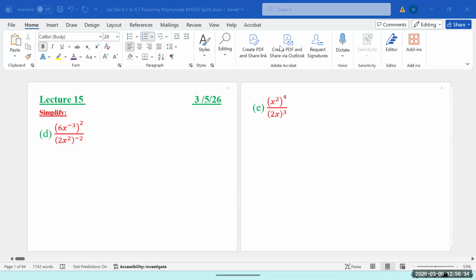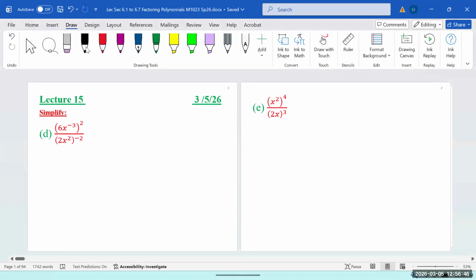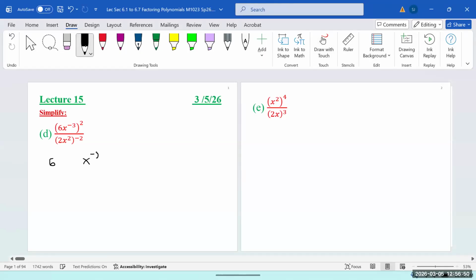Okay, so do you remember what we do when we have a question like the left page? We have 6 and x to the negative 3. What do we do with them?